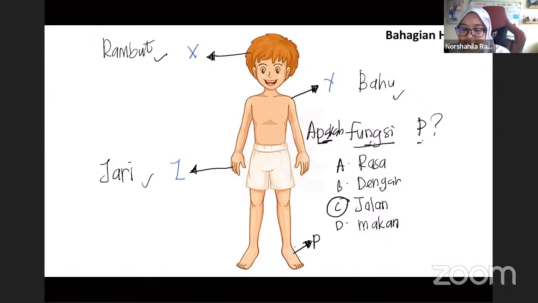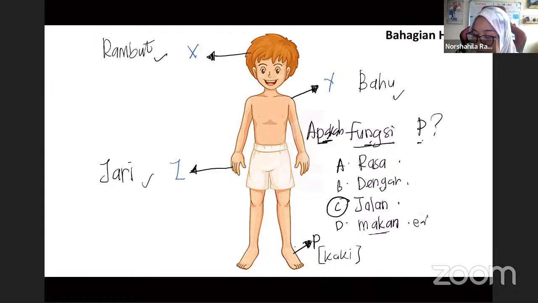So here we have rasa, dengar, jalan, and also makan. Do you know what P is? You need to identify what P is first. Here, P means kaki. So you know kaki. Then you need to see the answer. We have rasa, dengar, jalan, makan. Makan is not a function, but a verb that you can do.